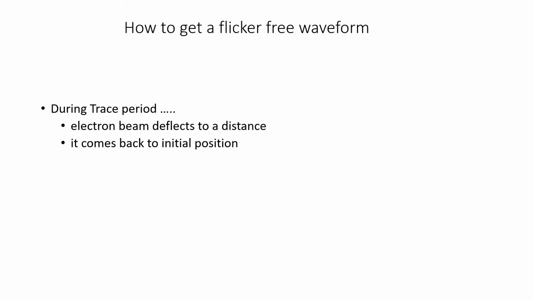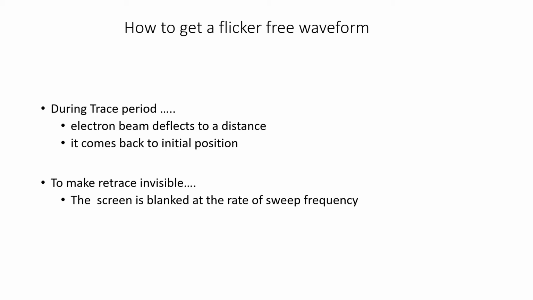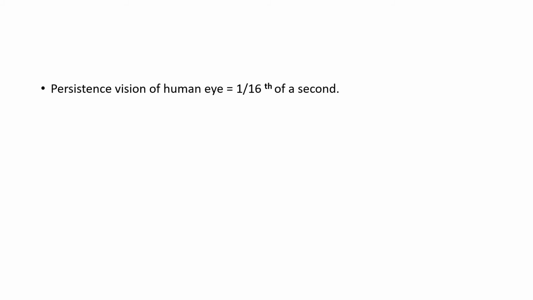During the trace period, the electron beam deflects to a distance and comes back to the initial position. So to make the ray trace invisible, the screen is blanked at the rate of the sweep frequency. The sweep frequency should be greater than 16 Hz because the persistence of vision of the human eye is 1/16th of a second.